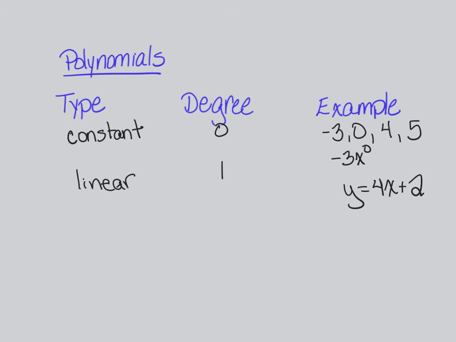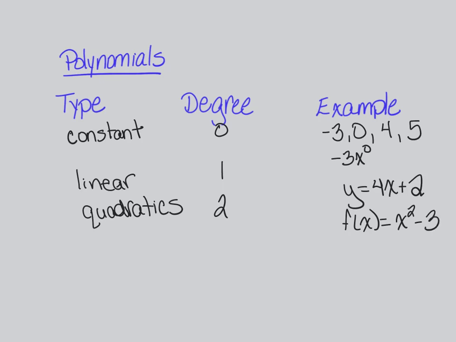Degree is always associated with your highest exponent. Quadratics we've talked about. What is the degree of quadratics? What's your highest exponent? 2. Good. All of your quadratics have an exponent of 2. If it doesn't have an exponent of 2, it's not a quadratic.